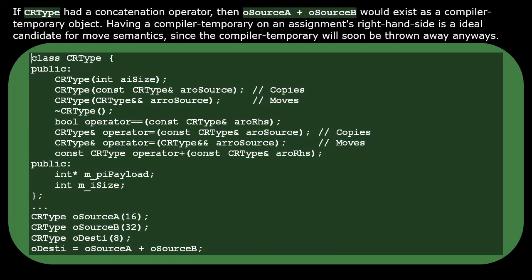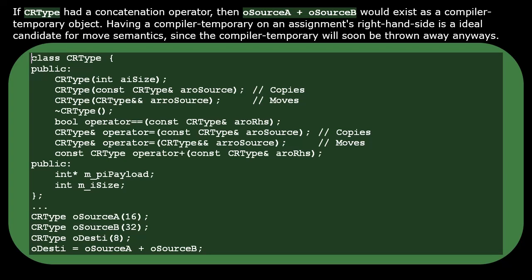If your custom type had a concatenation operation, then the result of that A plus B subexpression would exist as a compiler temporary object. In this example client code, that A plus B compiler temporary then gets assigned to the destination variable.